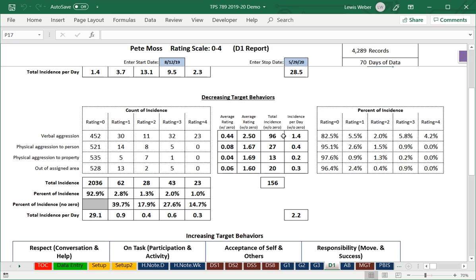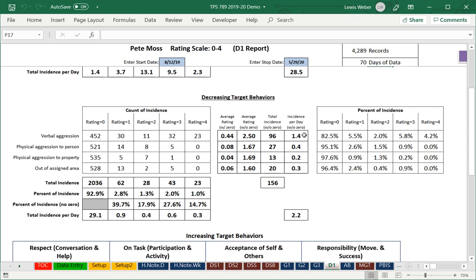Now, how many recording blocks had some amount of verbal aggression? Well, 96 of them. So over the span of time that we did data recording, which is to say 70 days of data, verbal aggression was available to be recorded during 8 of the possible recording blocks. 96 of them had verbal aggression, and the incidence per day was 1.4.